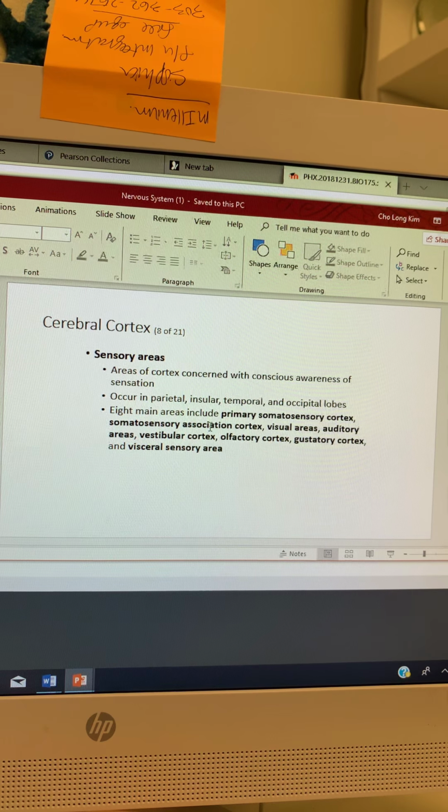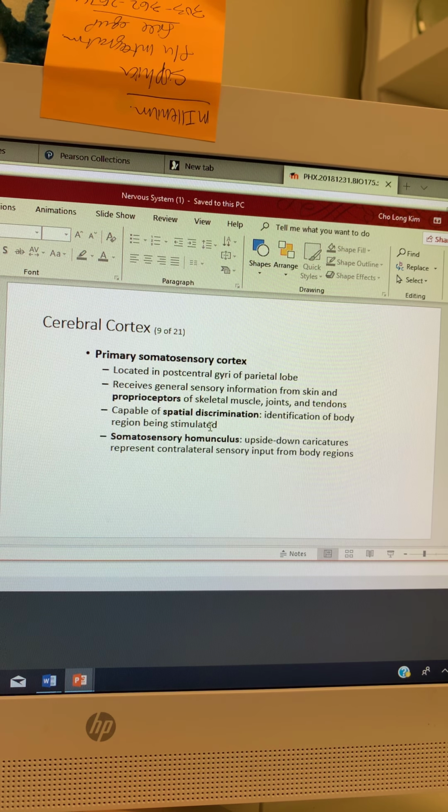Please do not be surprised or alarmed if I were to ask you to name 3 of the 8 sensory areas in the cerebral cortex.